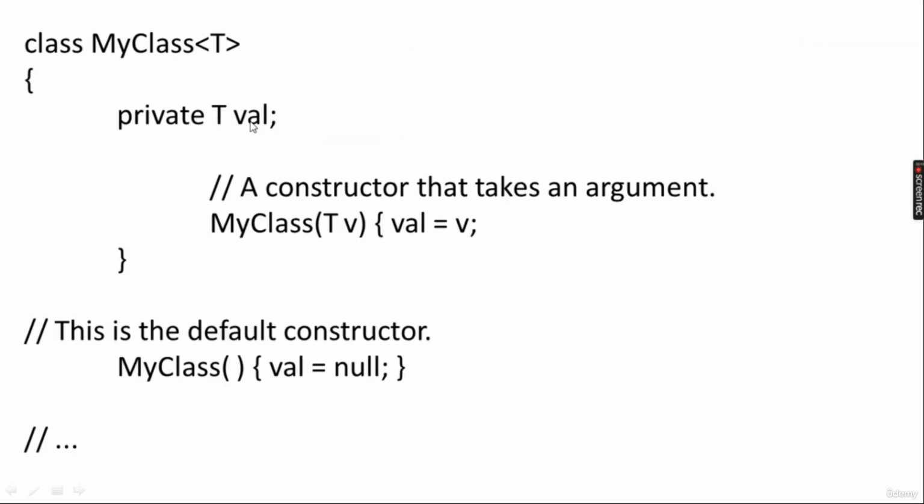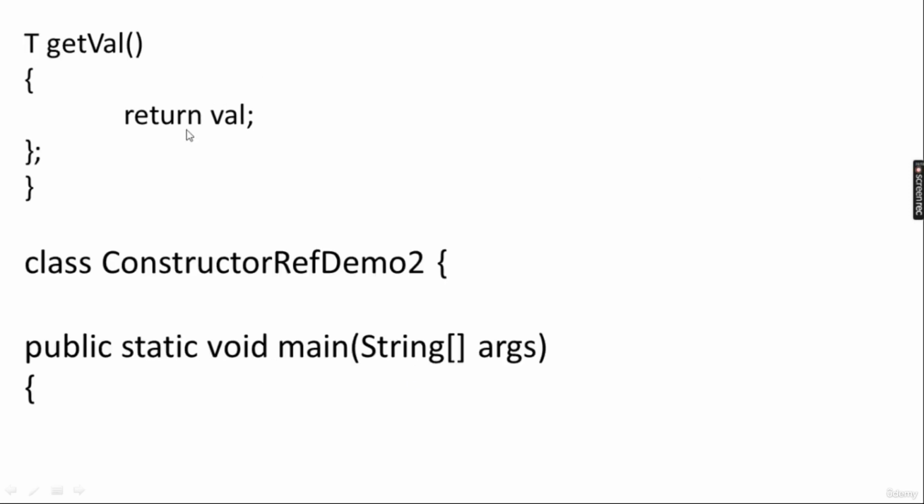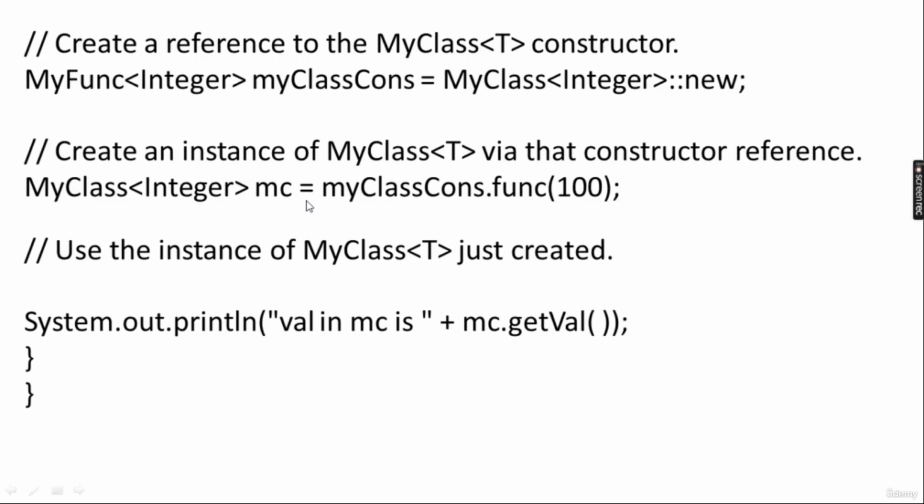Next, we are creating the value and the constructor that takes a particular argument. The argument is also T, value is equal to v. This is the parameterized constructor, and this is the default constructor, value is equal to null, then returning value. Same way, only the type specification is different.